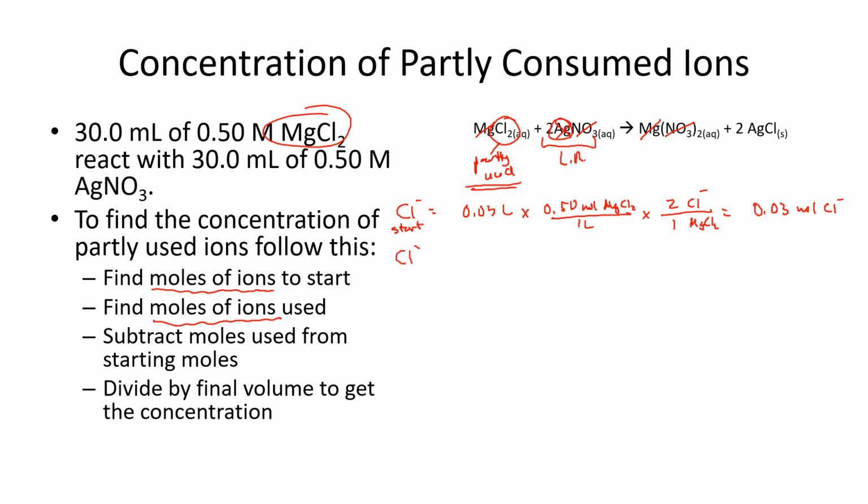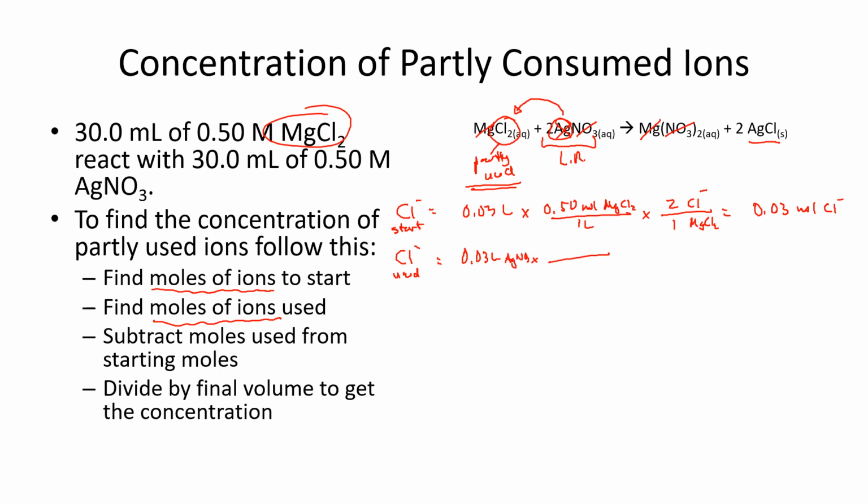Next, we want chlorine used. So here you have a couple options. You could work out the chlorine that's in the precipitate, or you could use the limiting reagent to go back here to work out how much was used out of the other reactant. I guess I'll do that second one. You get the same answer regardless. So we're going to use that same 0.03 liters of the limiting reagent, so that's the silver nitrate.